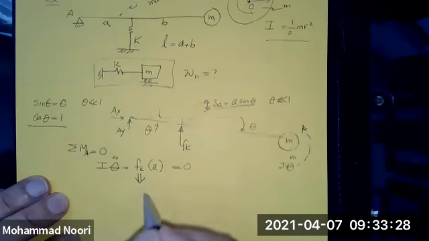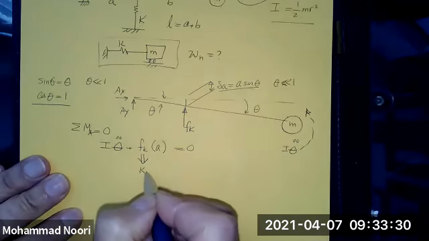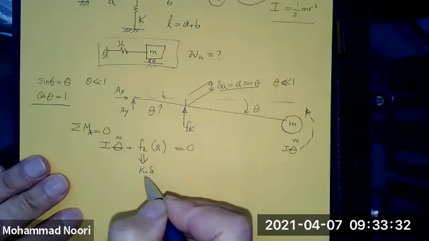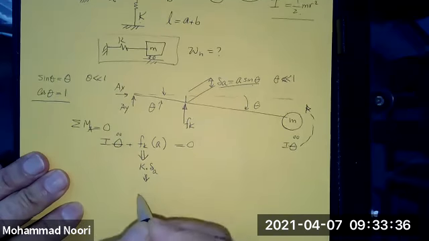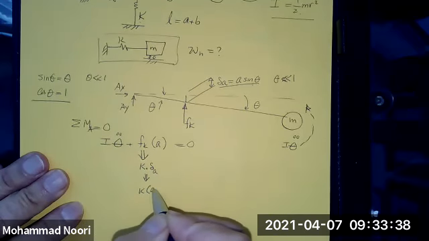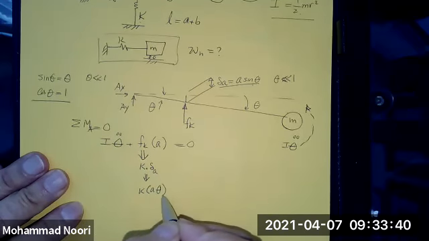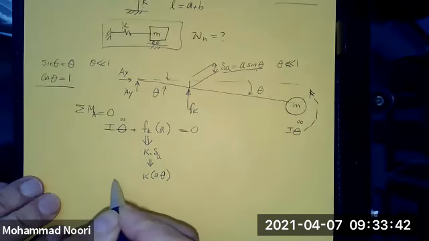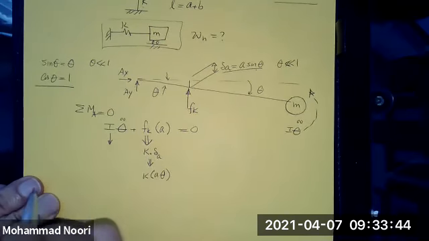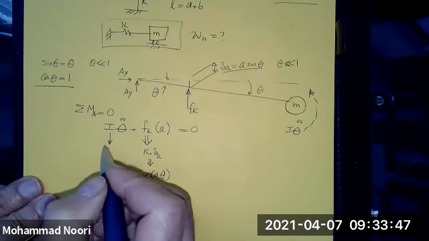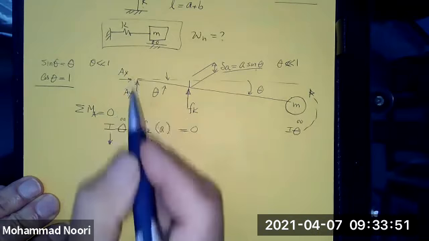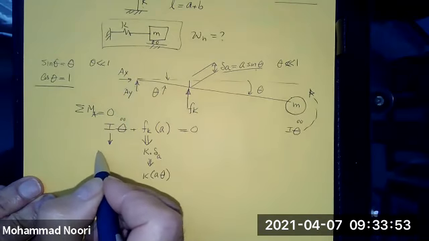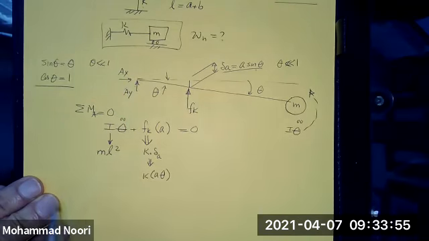Substitute for F of K, which is K times delta, and delta at A, which would be a theta, so K a theta. Then I substitute for I, which is a lump mass rotating about a point, so this would be simply M L squared.